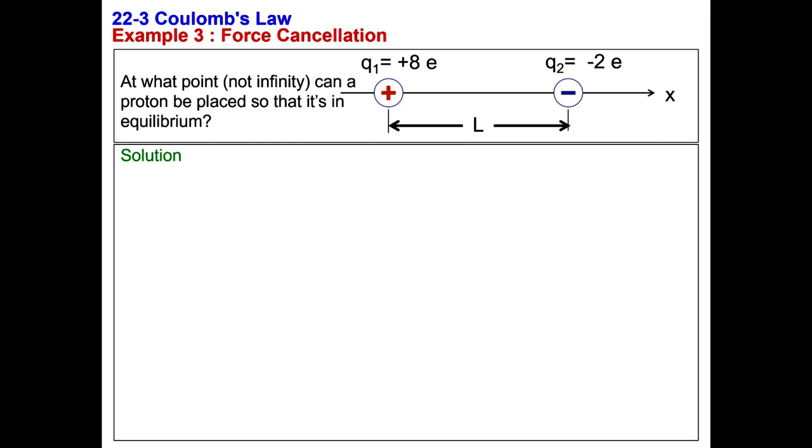This is a very common problem, so we'll go step by step through it. The first thing is we have to determine in which region we can place the proton so that the force is 0. Obviously, we cannot place it along the y-axis. Let's assume this is the y-axis here. We cannot place it along the y-axis at any position because it will never be 0.